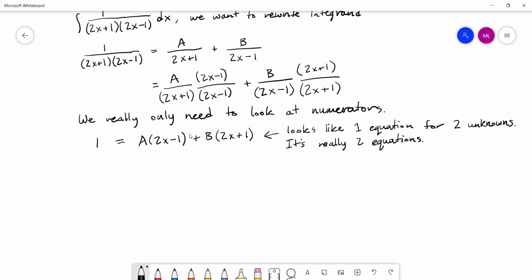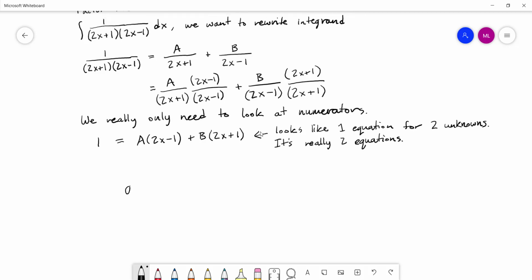If this side is going to be equal to this side, and these terms involve both constant and terms proportional to x, so basically x to the first power and x to the 0th power terms, I need the constants on this side to match the constants on this side, and I need the x terms on this side to match the x terms on this side. There's really two separate pieces.